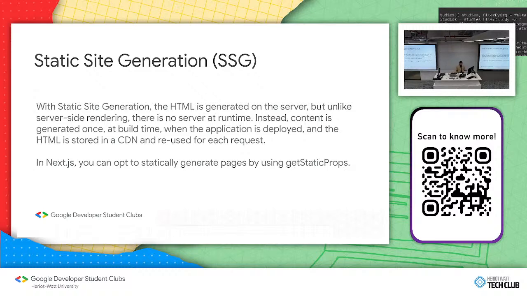In Next.js, you can also opt into statically generated pages by using the function called getStaticProps. Again, we'll discuss this more when we actually start building the application. Another form of static site generation is commonly used if you have an e-commerce website, where you have multiple pages that remain the same over a long time, but you might eventually add more pages.